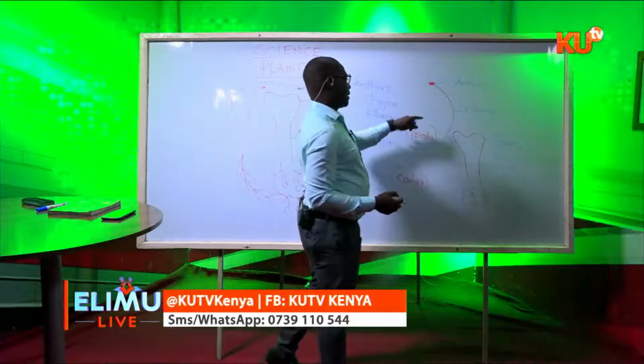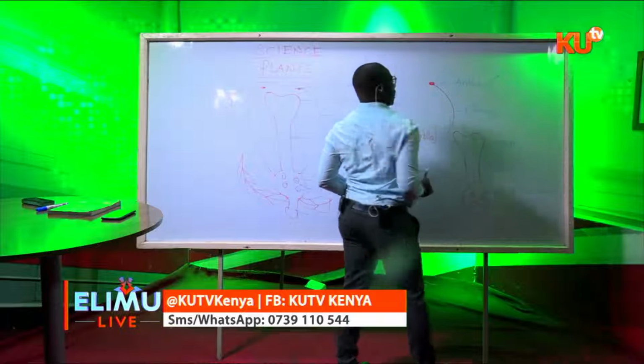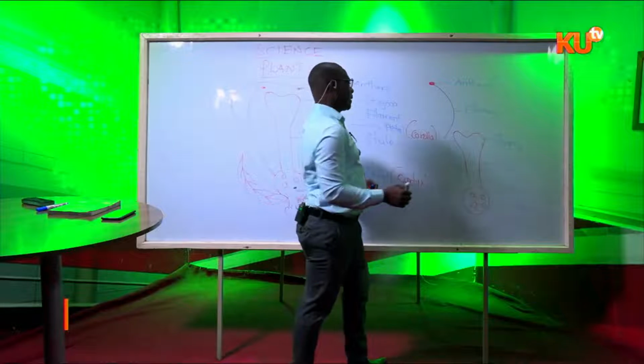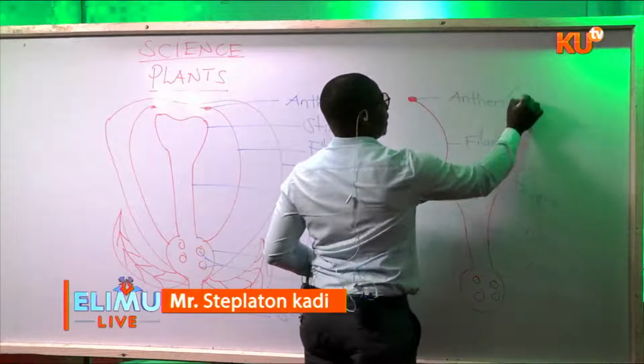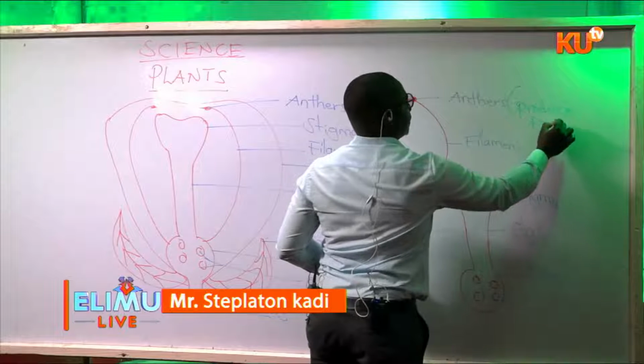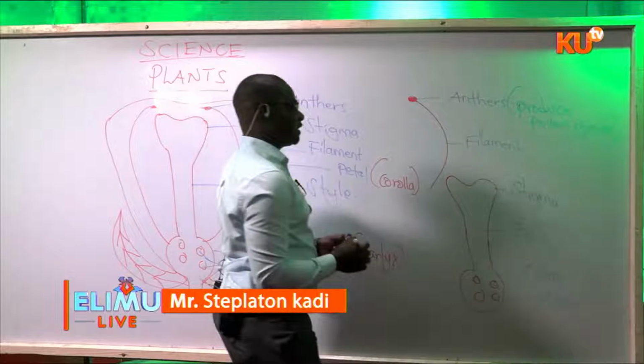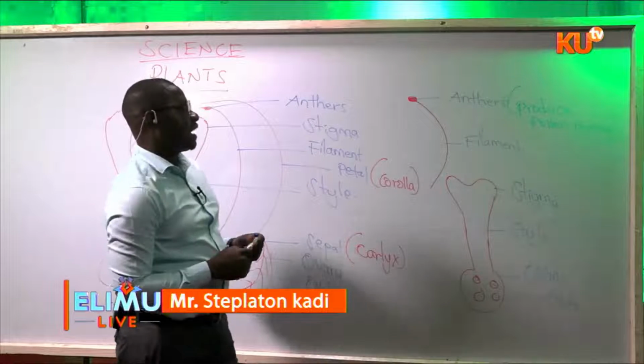So when we come to the anthers, as one of the male parts of the flower, their function is they produce pollen grains. That is the function of the anthers.